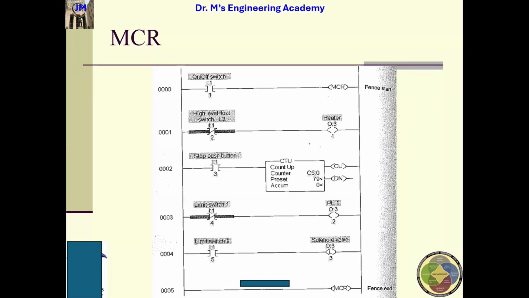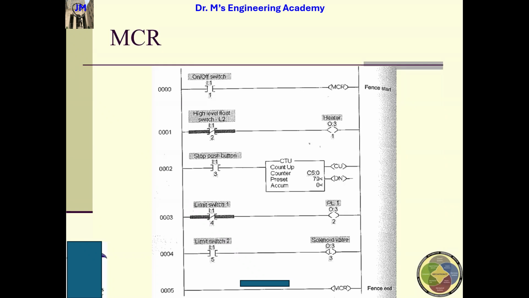Non-retentive outputs mean that if this guy is false, this guy and this guy will be turned off immediately. You understand? And at the same time, no matter how you press this guy, you cannot turn these two on.